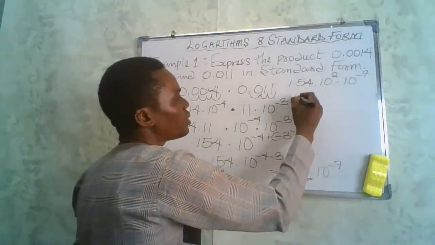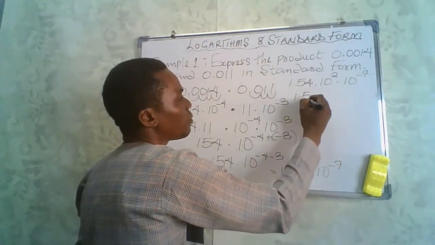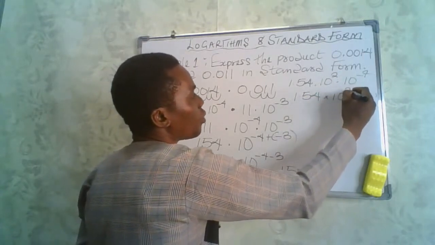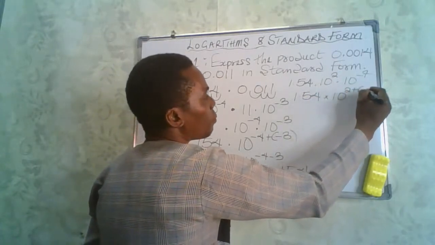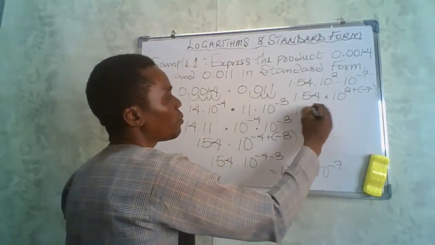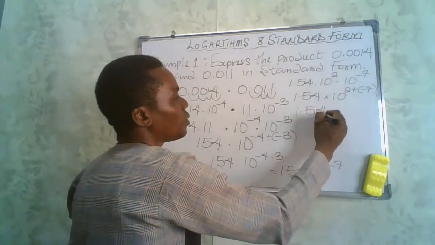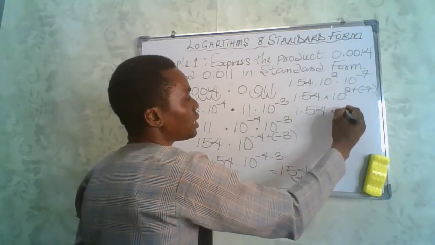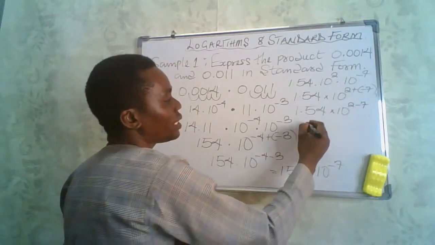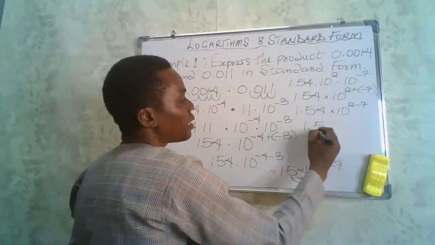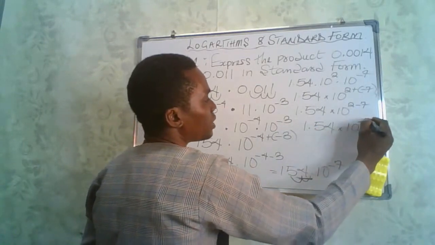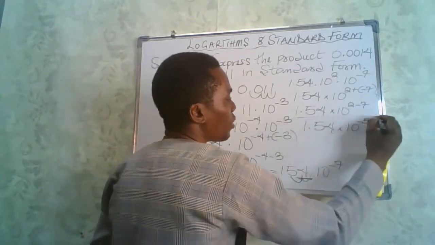So we're going to have 1.54 multiplied by 10 to the power of 2 plus minus 7. So this is going to give us 1.54 multiplied by 10 to the power of 2 minus 7. And that will give us 1.54 multiplied by 10 to the power of negative 5. And that will be your solution.